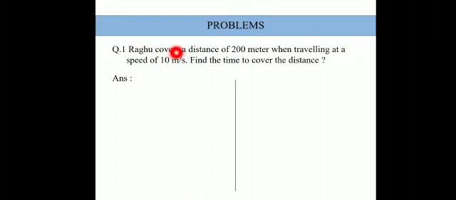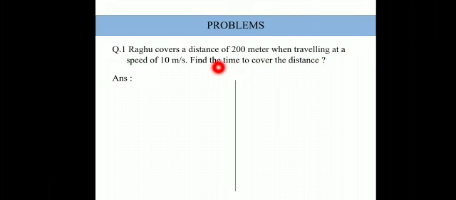So Raghu covers a total distance of 200 meters when traveling at a speed of 10 meter per second. So when he was riding his bicycle, the speed was 10 meter per second, and using his bicycle he has covered a distance of 200 meter. So two values are given to us. Find the time to cover the distance. What are we supposed to find?